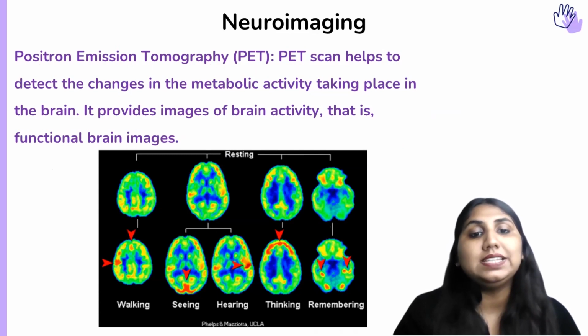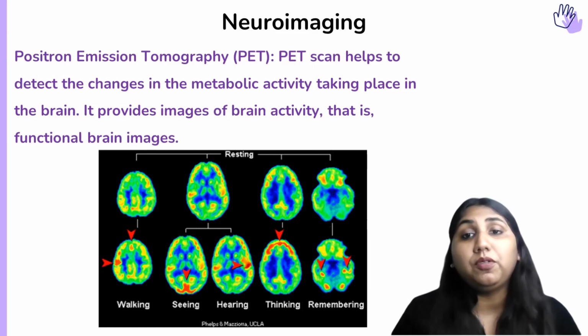When the brain is at rest, there are no changes in the metabolic activity. But if a person is walking, you can see on the left side the parts are red a little. Then when they are seeing, at the back of the brain the part is red, right? Similarly, this allows us to understand the metabolic activity of the brain.